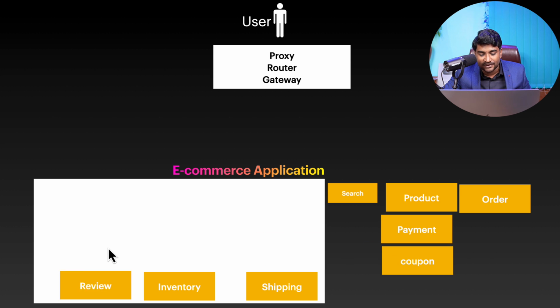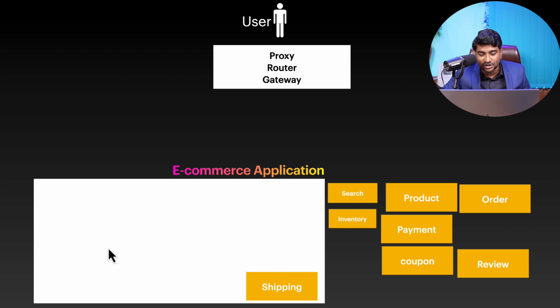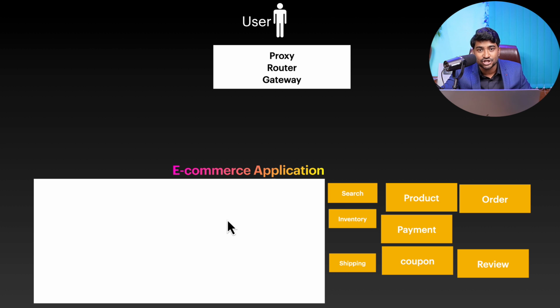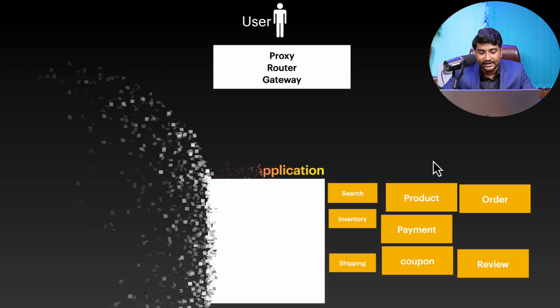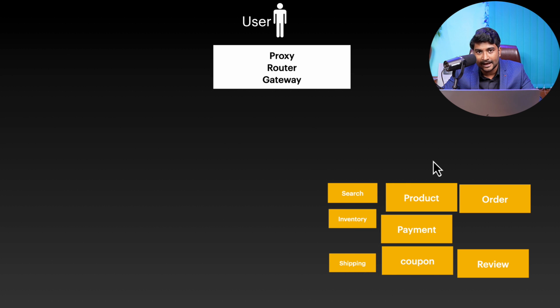And like that, we can keep moving all our modules to microservices, and there will be a time when your e-commerce application will be completely empty. Or if you want, you can keep all your older modules over here and keep giving support on that old legacy application if your client still wants to use it. Or you can completely move these modules to new microservices and remove your old monolithic application.